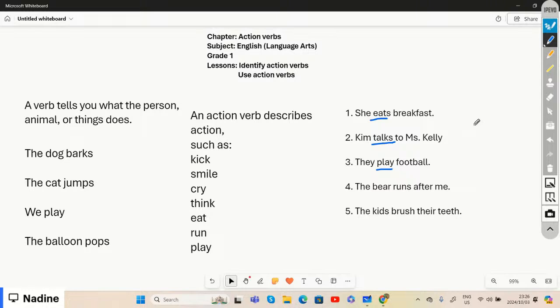And if we were to choose the correct option, then we can say runs. That is our action verb. Runs is our action verb.